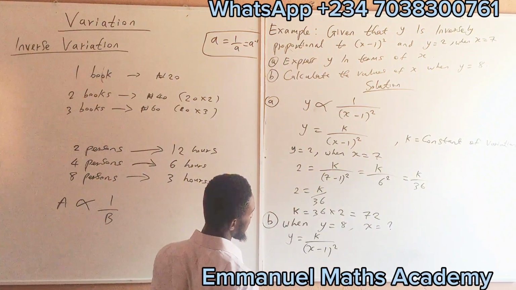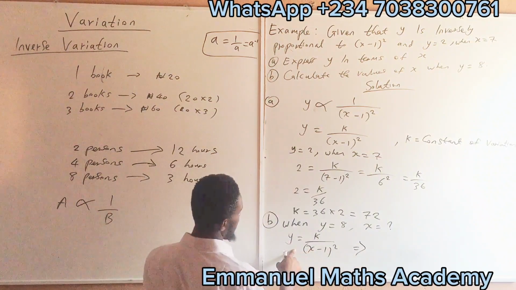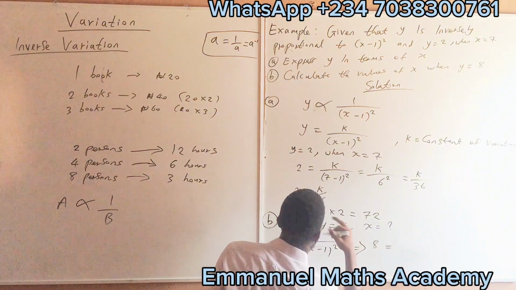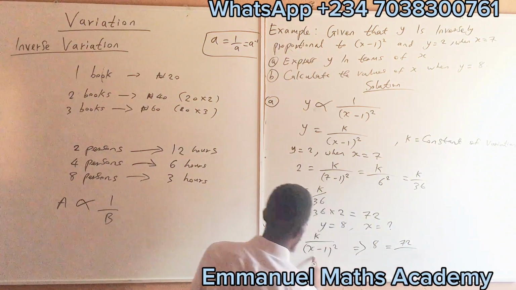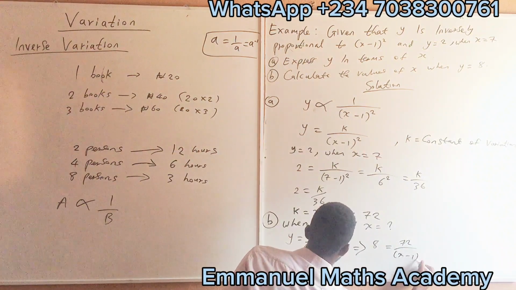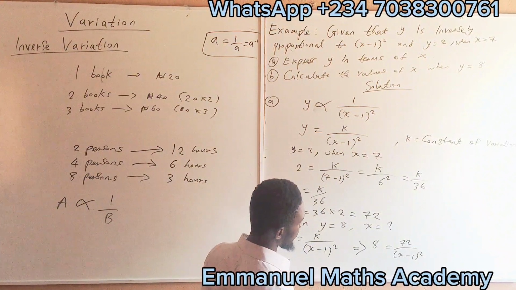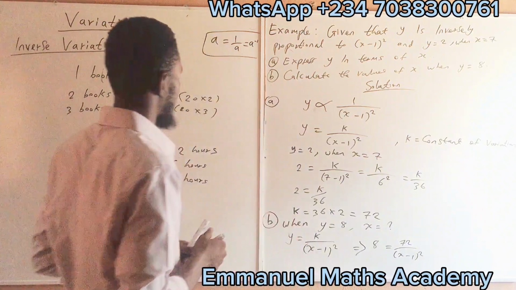This implies that, what's the value of y here? Y is 8 equal to, what's our k? Our k is 72, 72 over this, right? You now cross multiply.